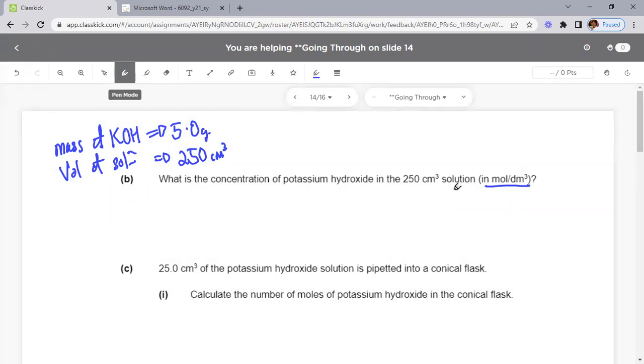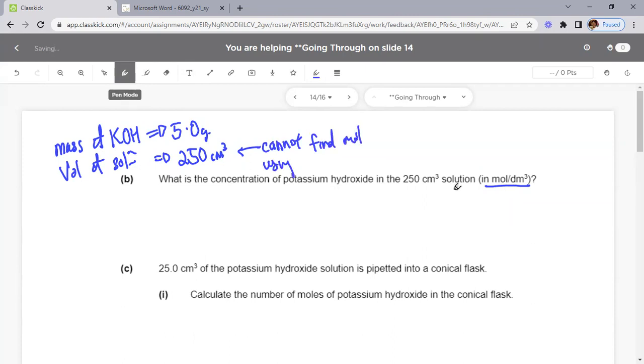Which one should I use to find mole? Should I use the mass of KOH or should I use the volume of the solution? This volume, can I divide by 24? Answer is no. You cannot use this quantity. It cannot find mole.